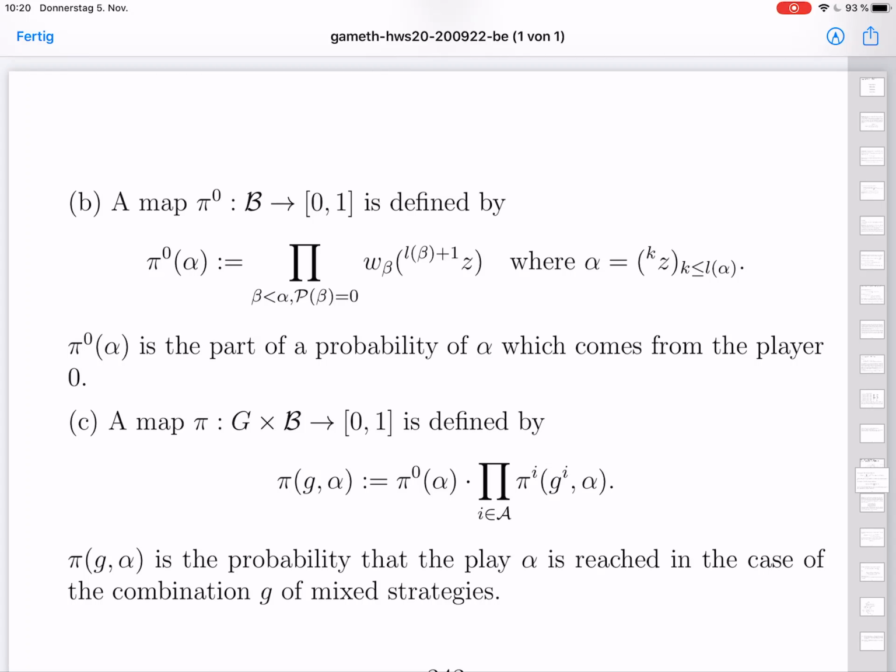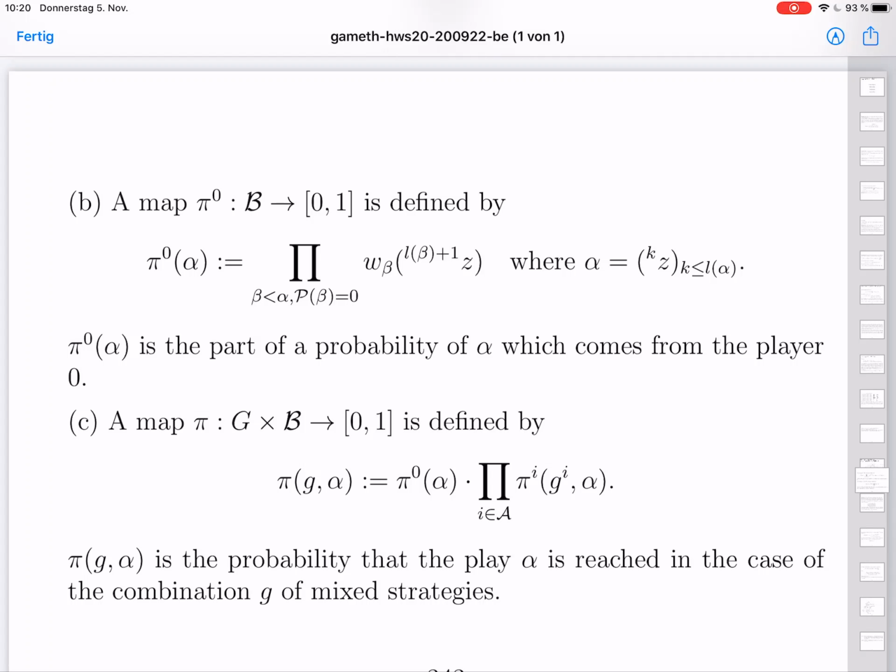So now we have a fixed play alpha, not belonging to player 0, and the part of the probability for player 0 to reach this play alpha is now the product over all the probabilities that he chooses the correct move in the earlier place where it's his turn to do the next move.